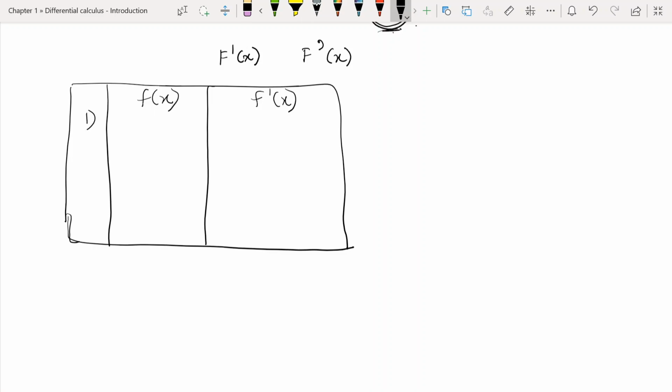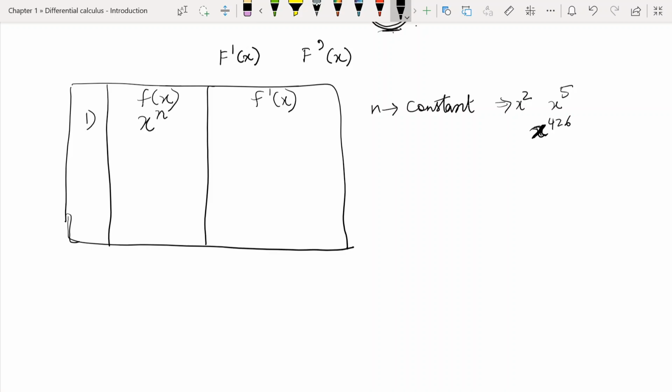The first thing that we're going to learn is an algebraic function, which is x power n. Now this n denotes a constant. What we mean by this is it could be something like x square or x power 5 or x power 426, or x power any number.